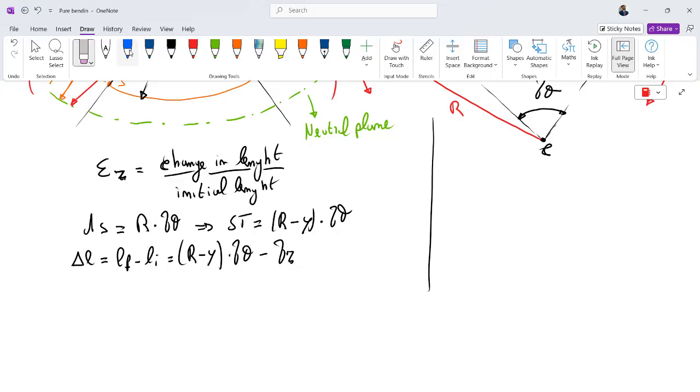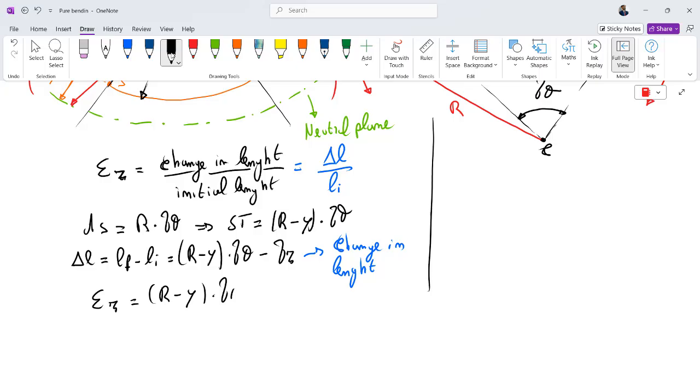Now epsilon z is equal to delta L, that is (radius minus y) times delta theta minus delta z, divided by delta z.